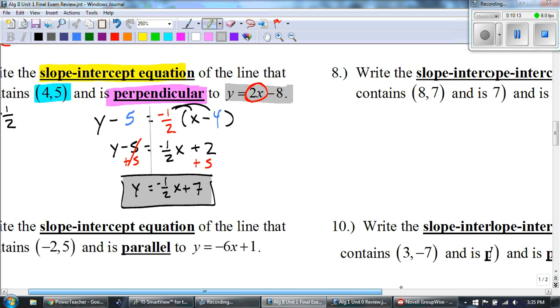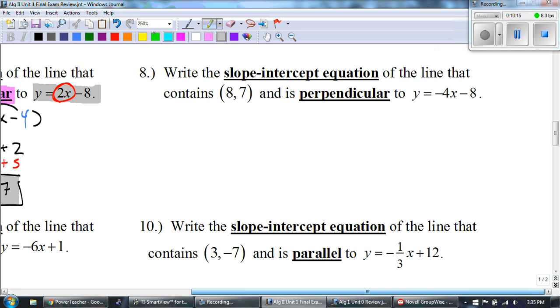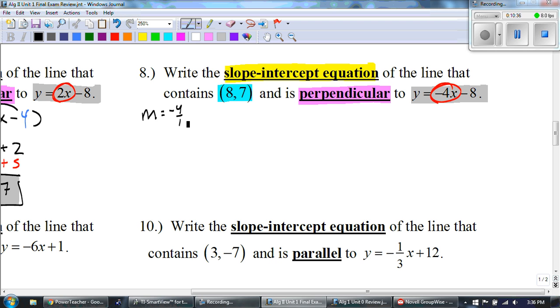Okay, so we need to look to see what it's asking for. Slope-intercept, contains this point, but then once again perpendicular to this equation. So we need to look at the slope. The current slope is -4/1.